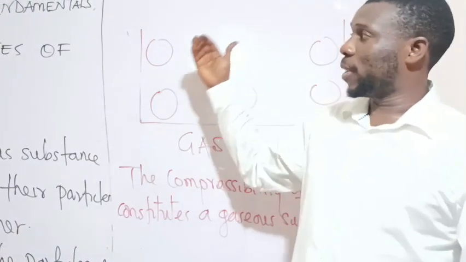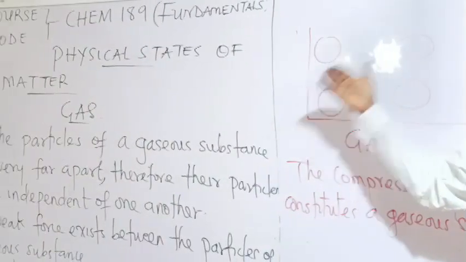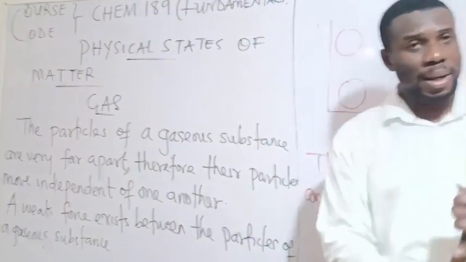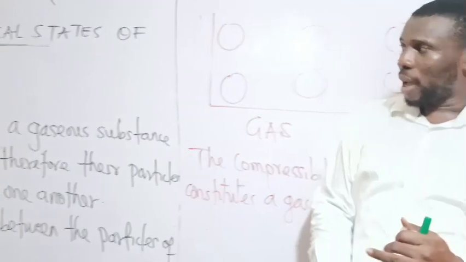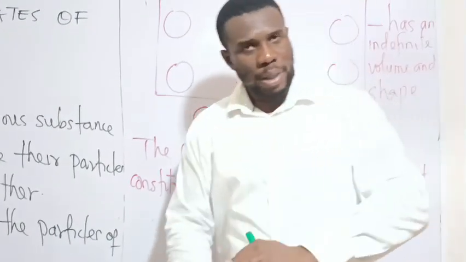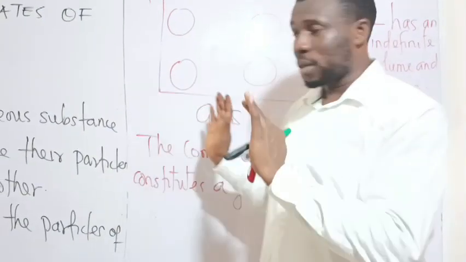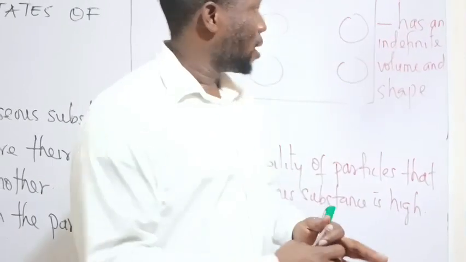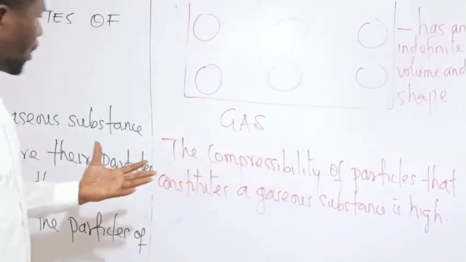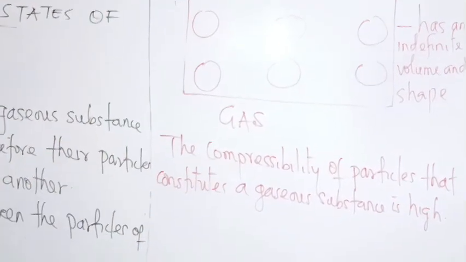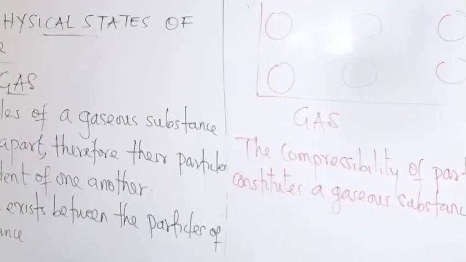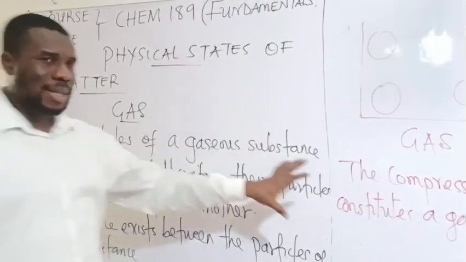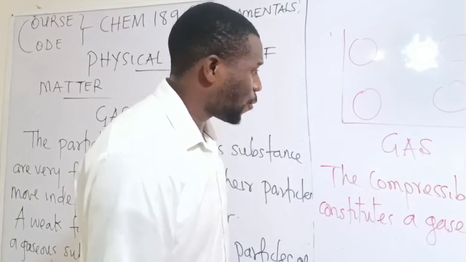So far so good. We've talked about the physical states of matter, which for one is the solid state, alongside the liquid state of matter, and of course the gaseous state of matter. For simplicity's sake, we could say a liquid and a gas are both regarded as fluids.